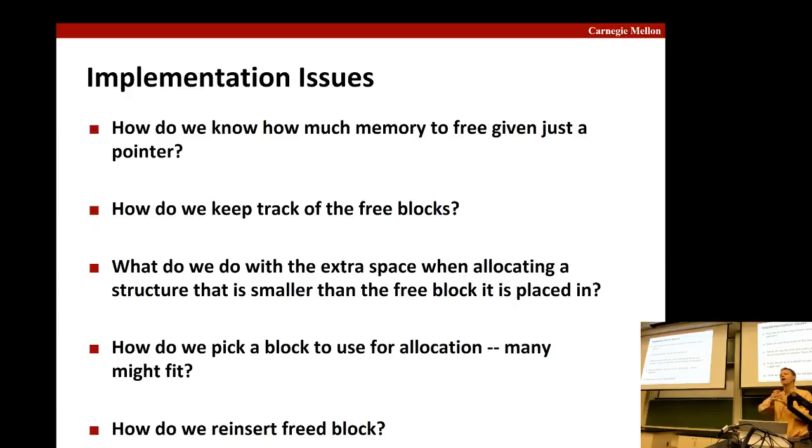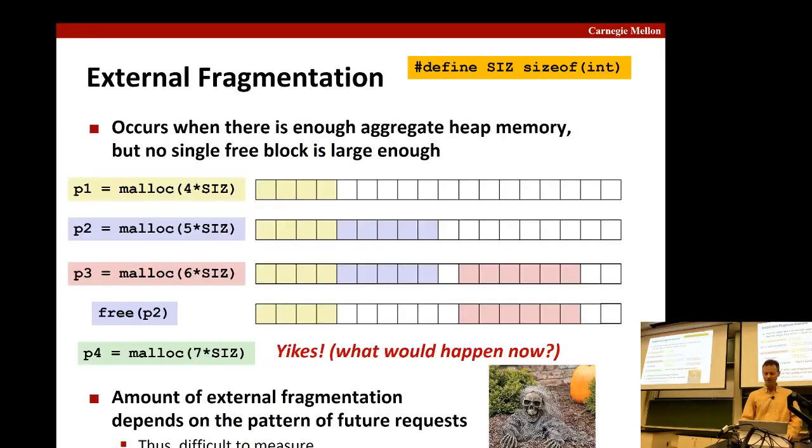In order to know the extent to free, if I say free this guy here, and I've got allocated stuff all the way to here, I need to know as an allocator that I only mean to free up to here. This stuff still stays.